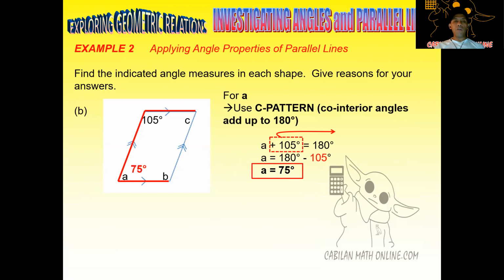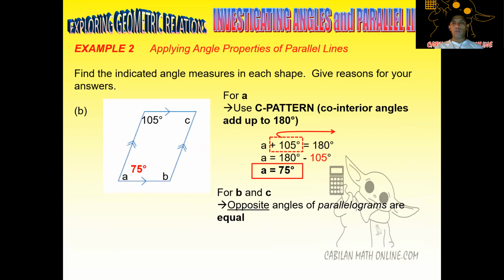For angle B and angle C, only in parallelograms, I repeat, only in parallelograms, are opposite angles equal to each other. Once we have the given angle, which is 105 degrees, and angle A, which is 75, the opposite angles, which are diagonally across from each other, are going to be equal.